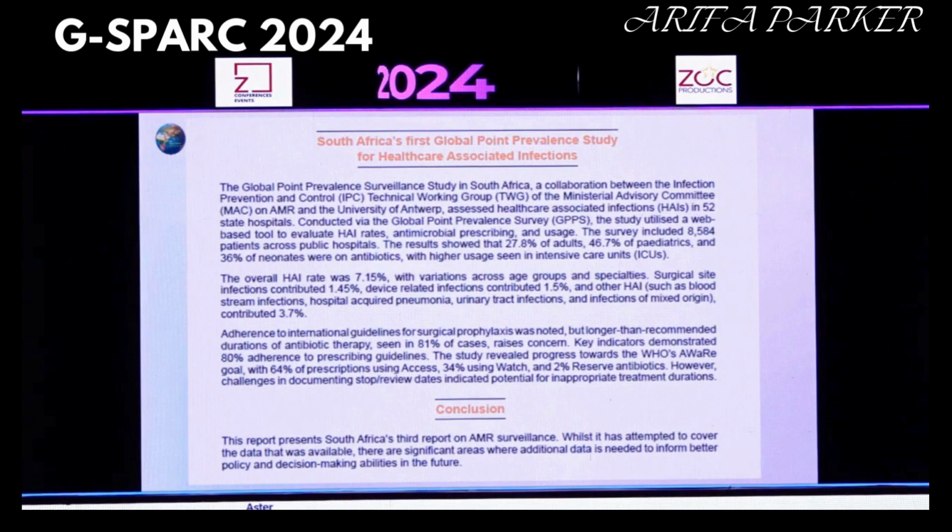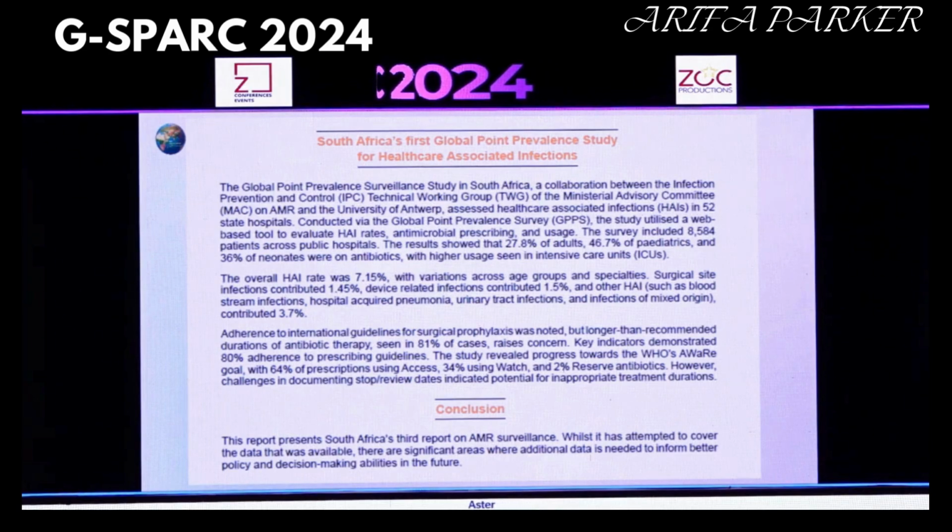South Africa's global point prevalence study, the first national one, was led by Professor Shaheen Mehta and one of my colleagues at Tygerberg, Dr. Heather Finlayson. We started off with a pilot study of 6 hospitals, and my hospital was one of those, and this served as a very steep learning curve and proved very useful when the first national study was done in 2023.